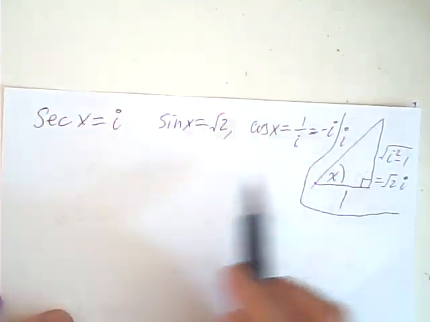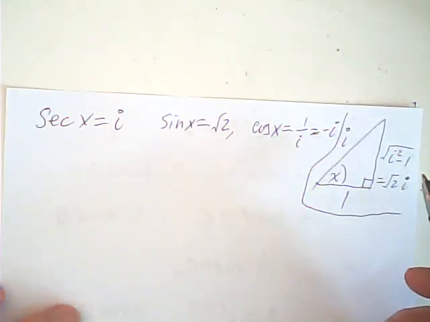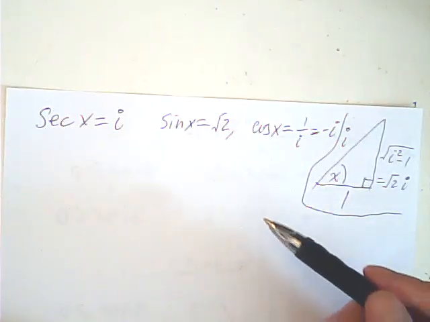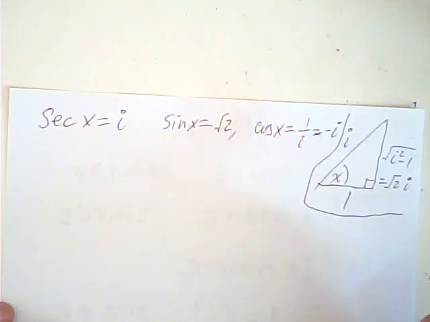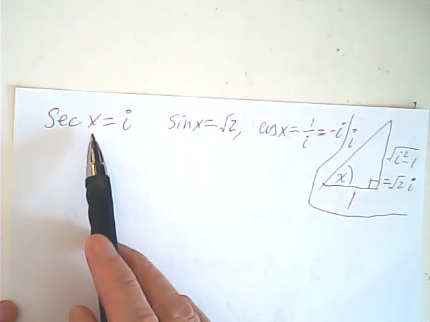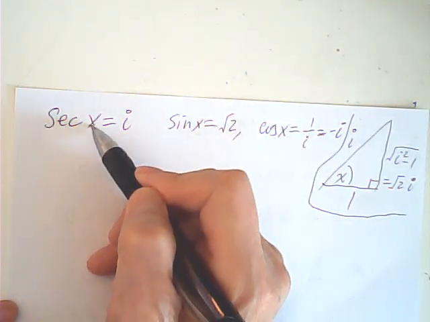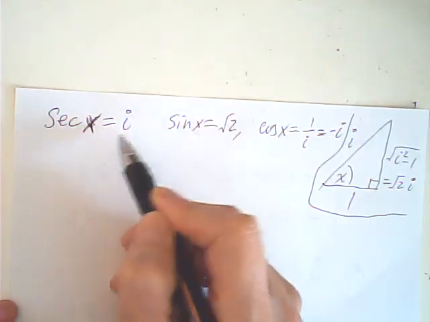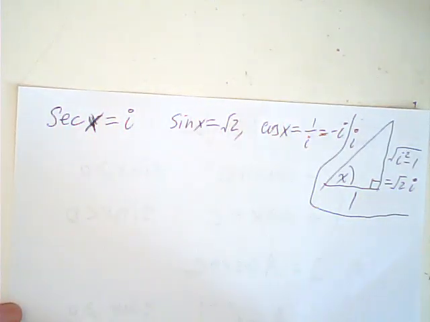Well, don't forget that we're analyzing the first quadrant, and at the end we make some adjustment for the fourth quadrant, right? Because secant is positive, it could be the fourth quadrant.